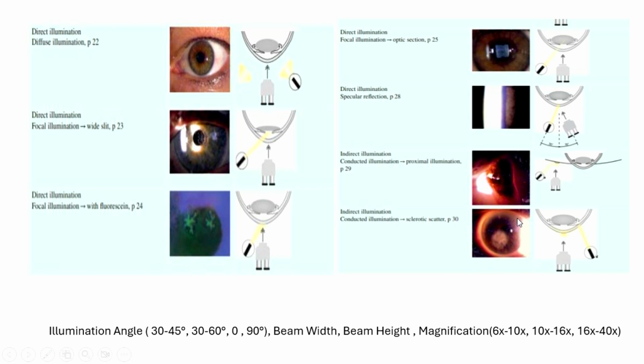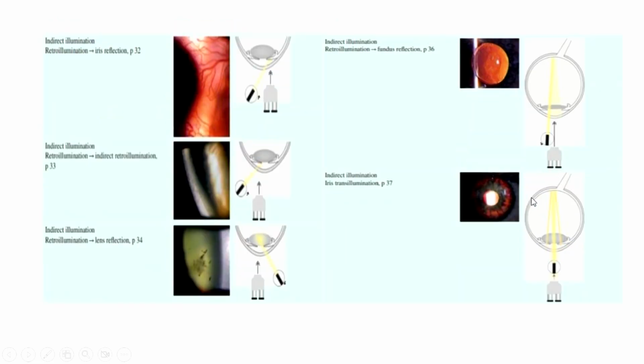And here is the sclerotic scatter. Next is retro illumination from the iris. This is retro illumination, or indirect illumination, from the lens. This is the fundus examination. Again, iris transillumination.